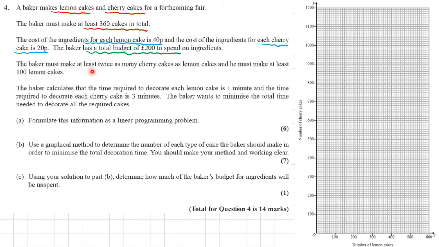The baker must make at least twice as many cherry cakes as lemon cakes. And he must make at least 100 lemon cakes. The baker calculates that the time required to decorate each lemon cake is 1 minute, and the time required to decorate each cherry cake is 3 minutes.